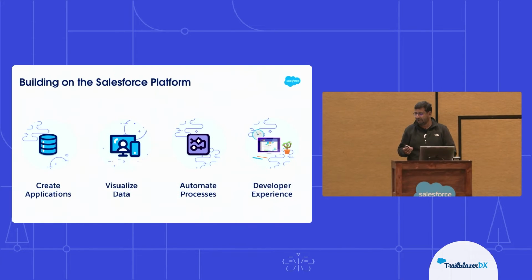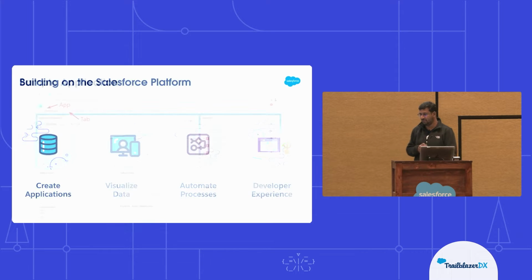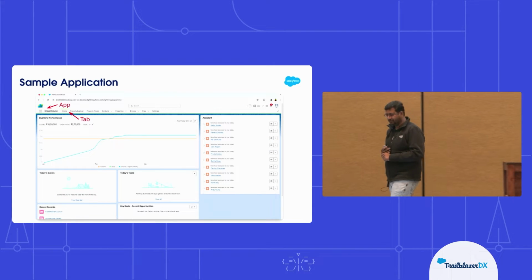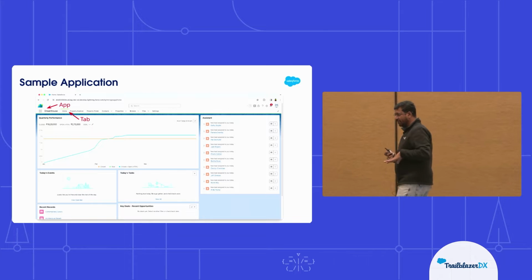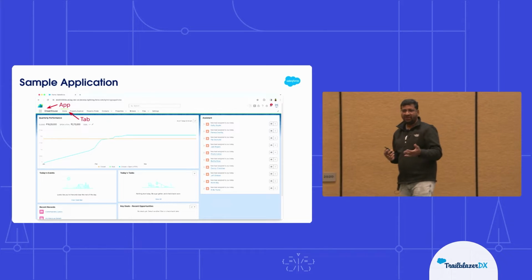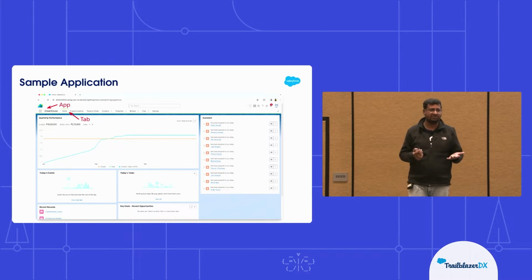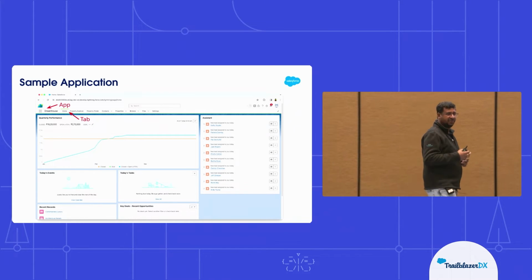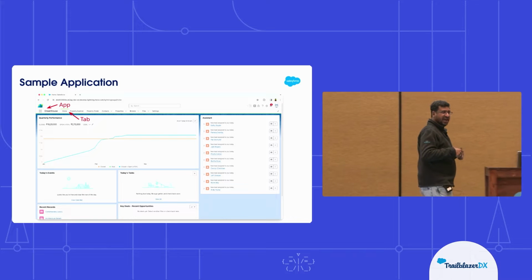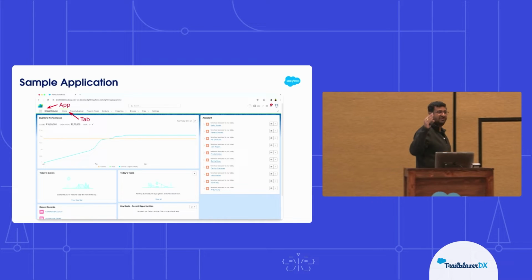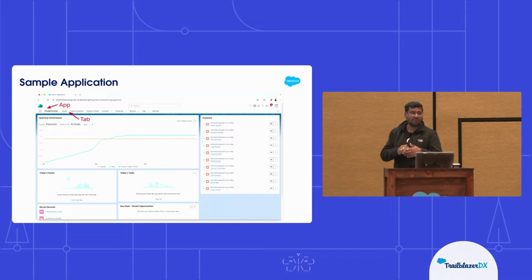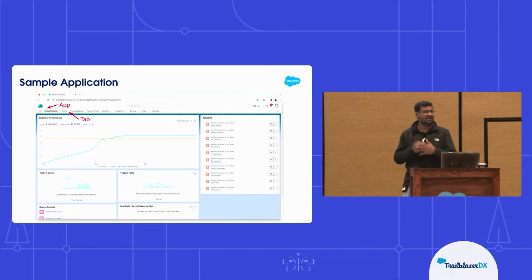OK, so let's see how we create the applications. This is how an app looks like generally. Now imagine you are building an app like Amazon Shopping, or you are building an app like Netflix. So what do you see when you open the app? You see a home page, and then you navigate through various pages where you probably select the products and then put those products in your cart and then pay it off.